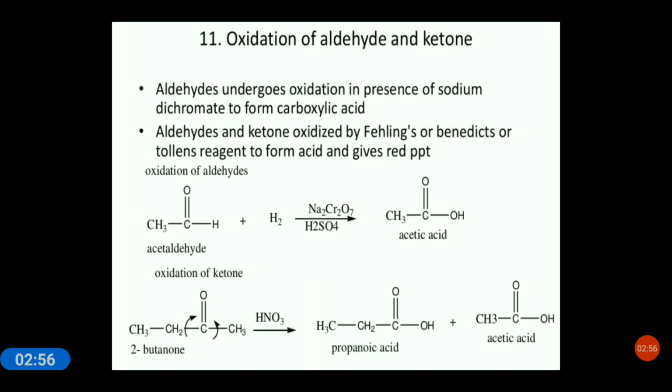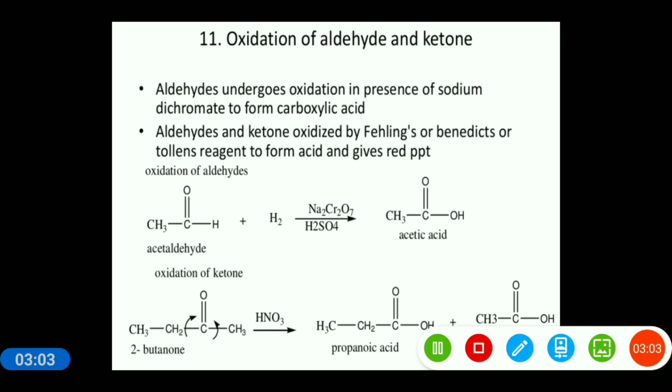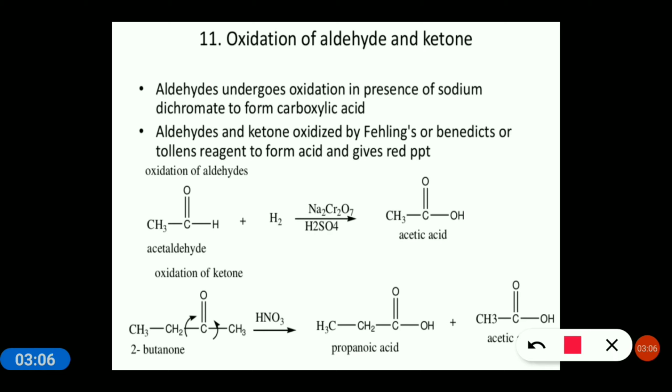Now from today we will discuss the oxidation reactions of aldehydes and ketones. Aldehydes are easily oxidized to carboxylic acids containing the same number of carbon atoms, and the reason for this easy oxidation is the presence of a hydrogen atom on the carbonyl group, which can be converted into an OH group without involving the cleavage of any other bond.